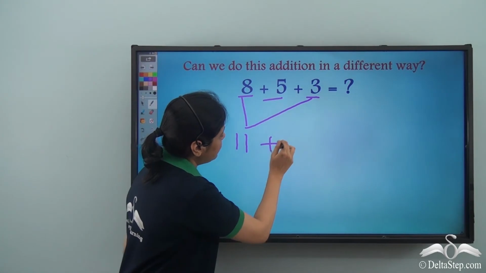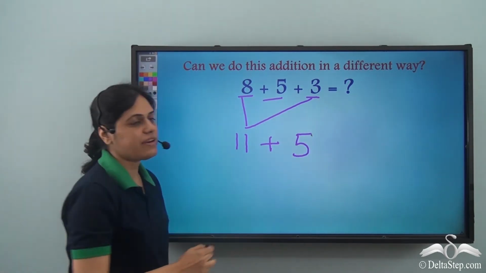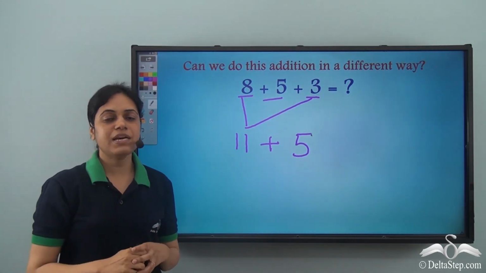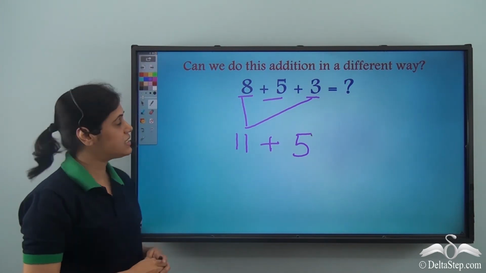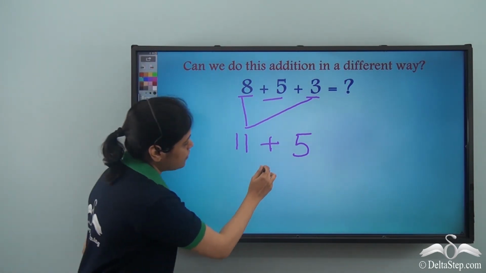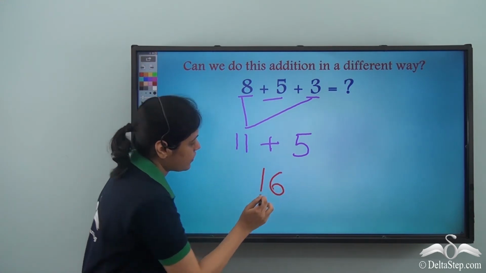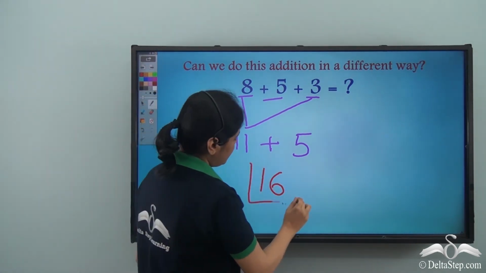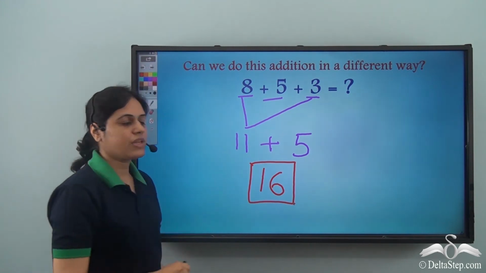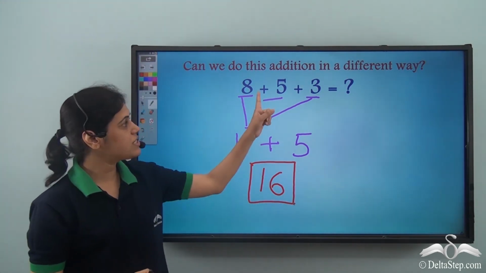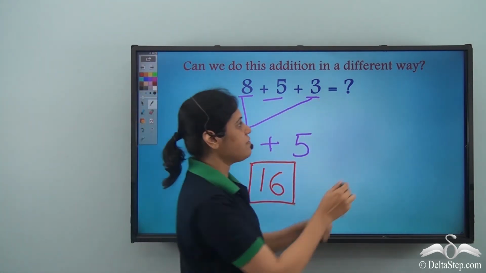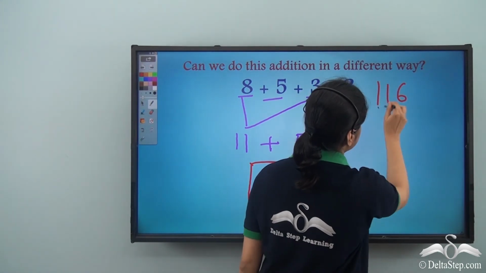So 11 plus 5. 11 plus 5 is 16. So once again, the answer is 16, or the sum of 8, 5 and 3 is 16.